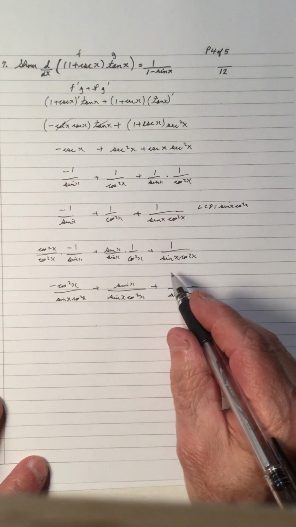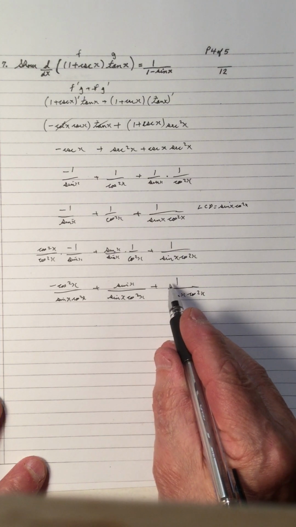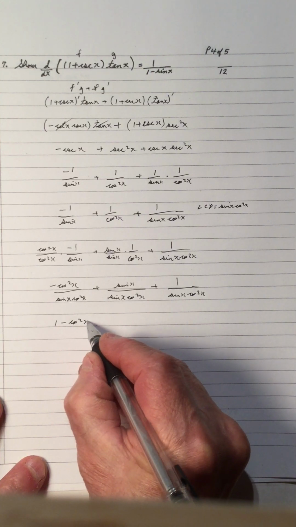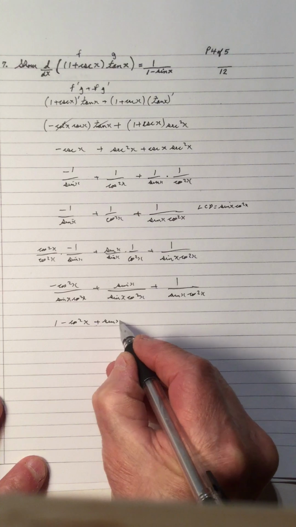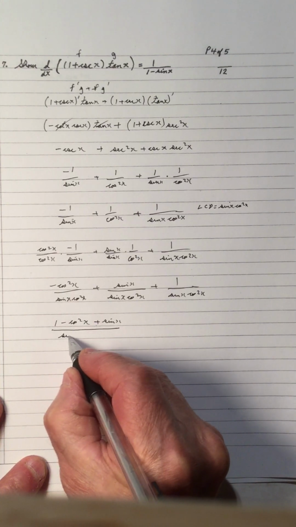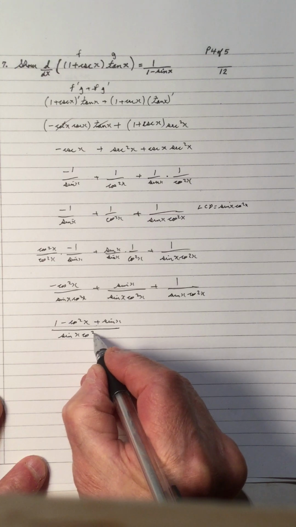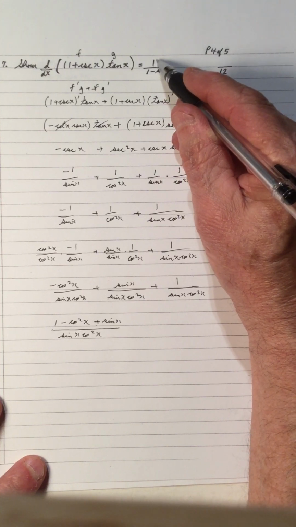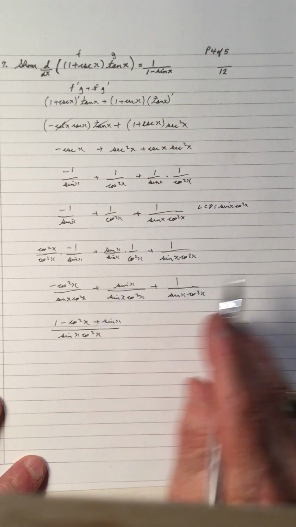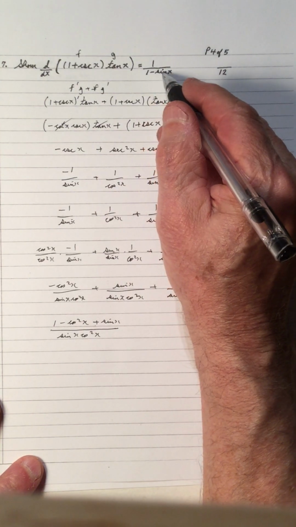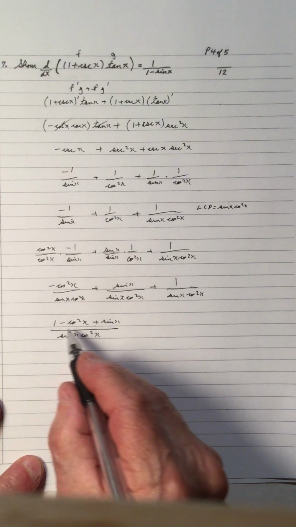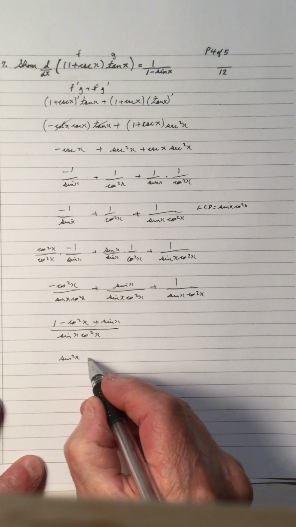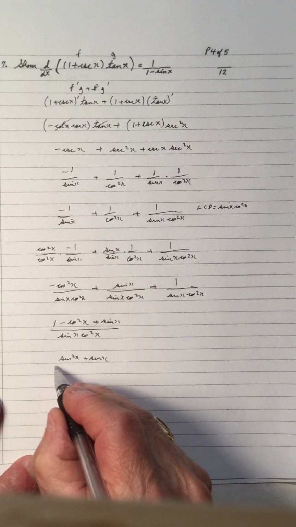Now we have all fractions with the same denominator, so we add these up, and we have 1 minus cos plus sine over the common denominator, which is sine x cos squared x. And we look back to here and see that on the top we only have a 1. I see that 1 minus cos squared is sine squared, so we make that change.